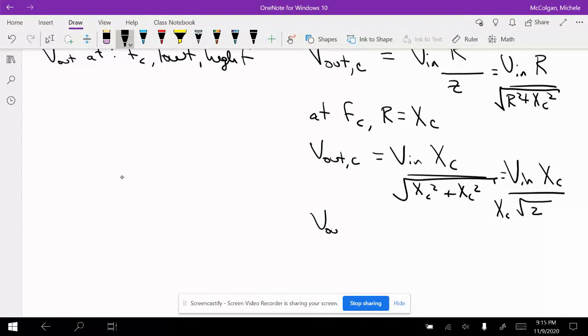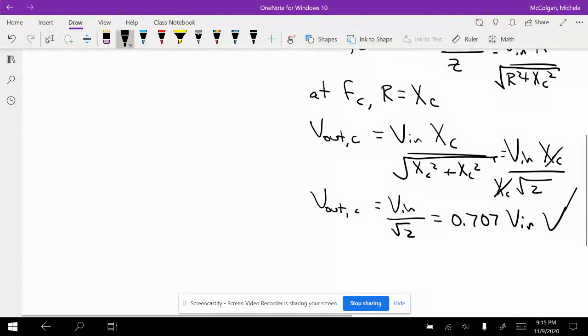So V out at cutoff is equal to V in over the square root of 2, which is equal to 0.707 V in, which is what we'd expect at the cutoff frequency.